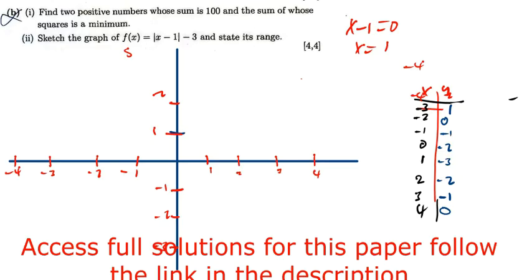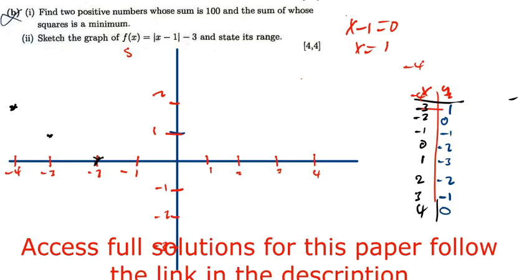Now we can plot. Negative 4 comma 2: negative 4 is here, 2 is there, so it is that point. We also have negative 3 comma 1: negative 3 is there, 1 is here, just there. What else? We have negative 2 comma 0, which is here.